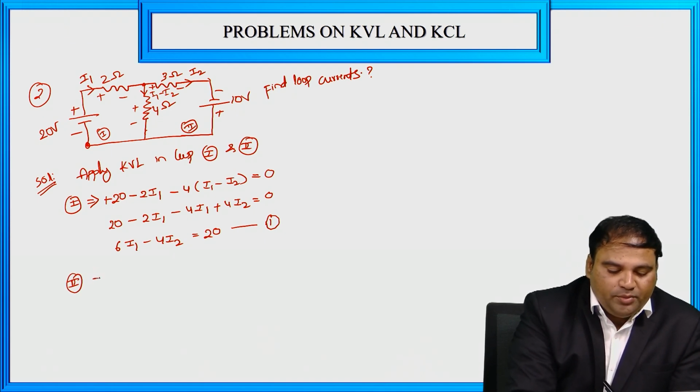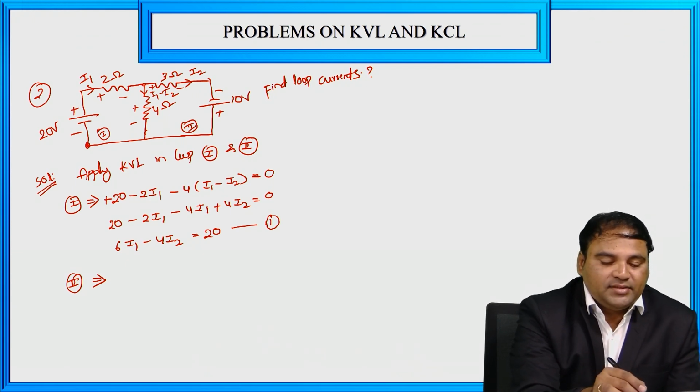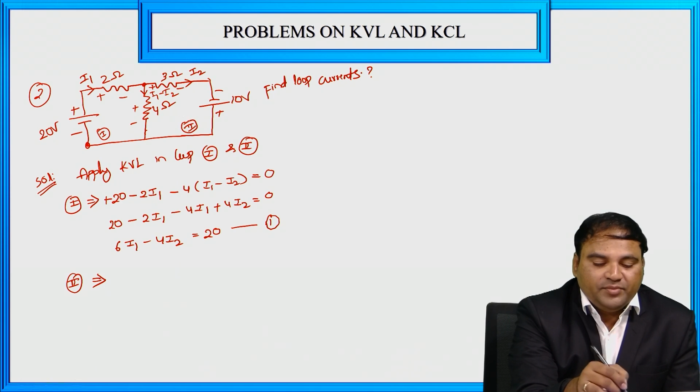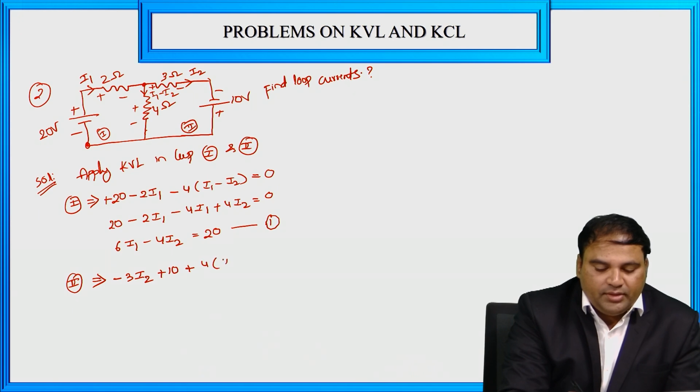Now apply KVL in the second loop. As per the current directions, I am starting from here and going in the clockwise direction. So at the 3 ohm, the second polarity is minus 3I2, voltage is plus 10, and at 4 ohm plus 4 into (I1 minus I2), that is equal to 0.